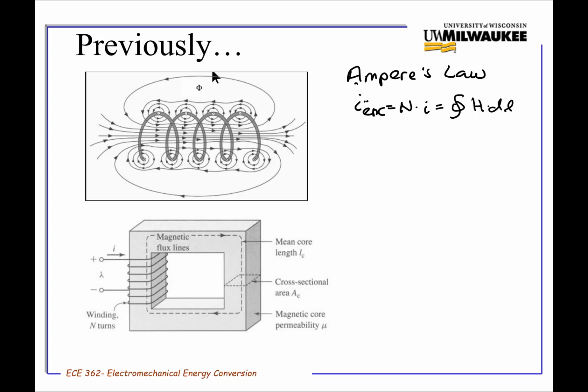Sometimes if you're using three-dimensional space, then your H would have this little symbol over it, meaning that it has positional properties in three domains, right? X, Y, Z, for example.